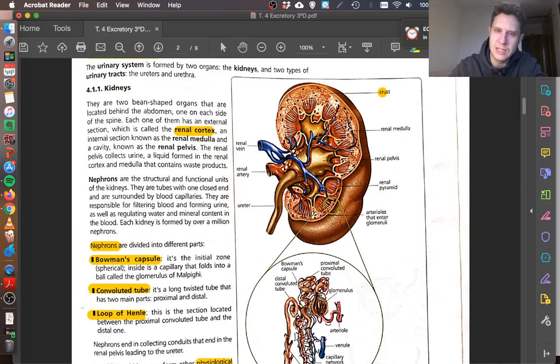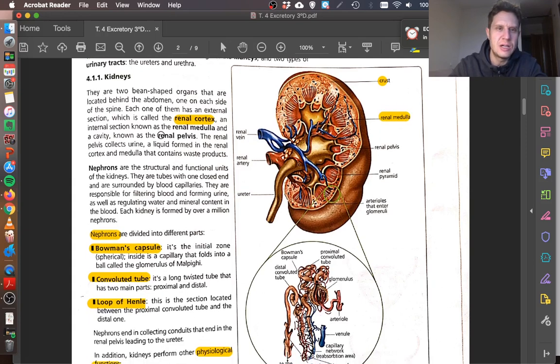The one that looks like some lines, that's the renal medulla, and then we have the renal pelvis, which is all this part here that is mostly white. So here we have the glomerulus in the crust, and in the renal medulla we have the tubules.